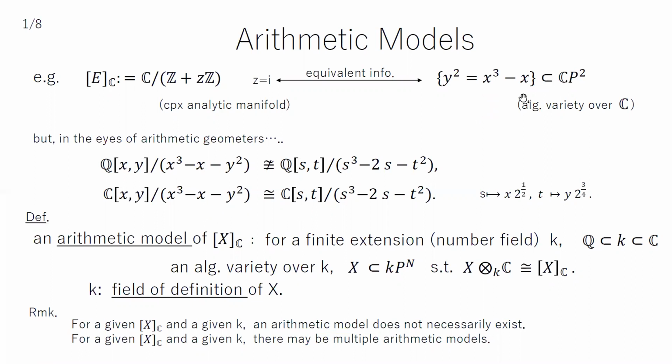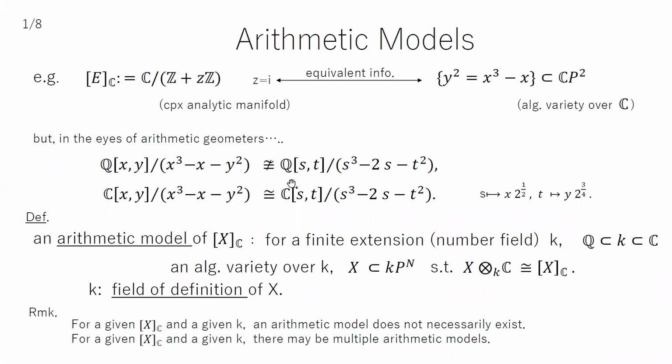In that geometry, the ring of regular functions is given by the polynomial ring divided by the ideal generated by x cubed minus x minus y squared. We could change the defining equation by inserting the factor 2 in front of x. Then the ring of regular functions is this, and yet they are the same geometry.